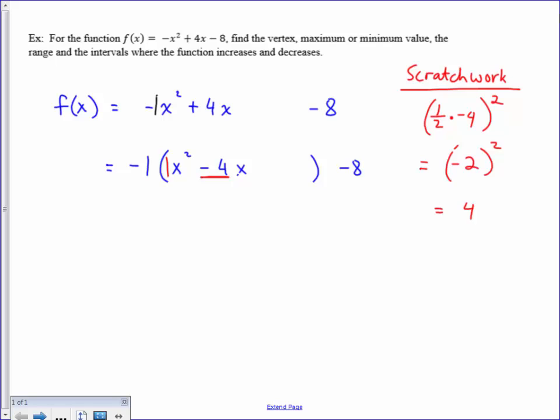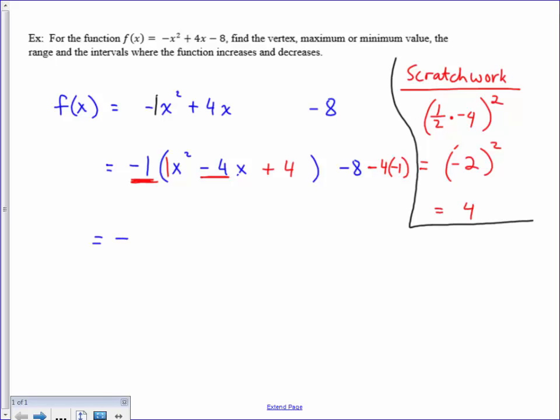The trick with this is when you have to factor a value out, when you come to the inside to add that value, you're actually adding the value multiplied by whatever value you have in the front. And so when I come to take it away from the -8, I have to take away 4, but I have to multiply it by the value that was in the front. So -4 times -1. I'm going to separate this a little bit. I've gotten my work jumbled a little bit there.